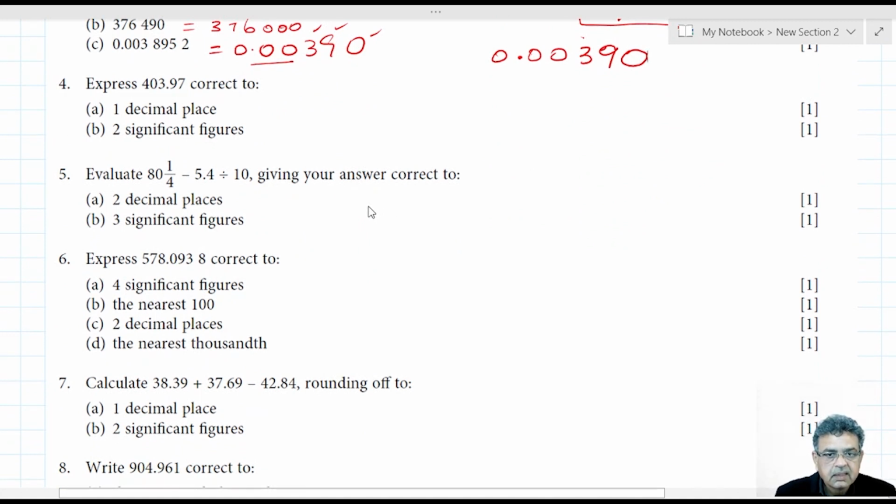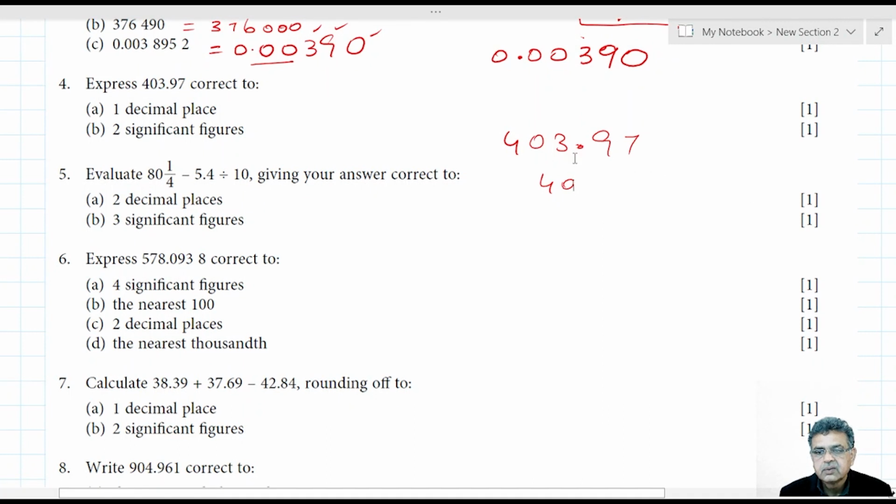Okay, the next: express correct to one decimal place. One decimal place, 403.97. So this 97 will round off to 404.